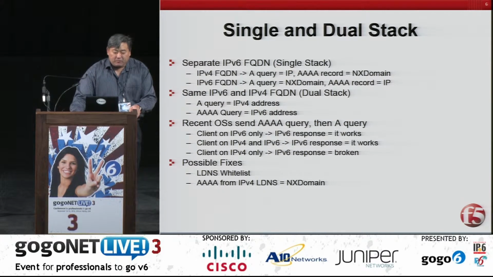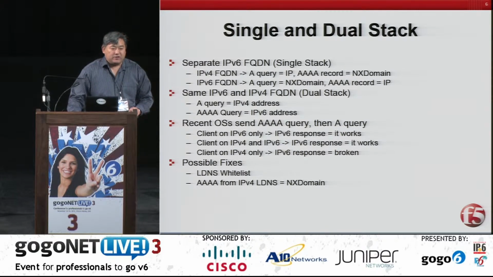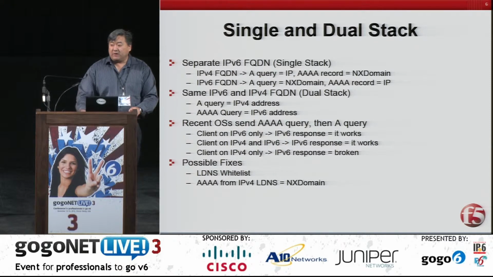We mentioned before that the DNS queries don't come directly from the client. They actually come from an LDNS server, and that LDNS server is based on the infrastructure of either the service provider or your internal corporate network, whatever it's set up to be.